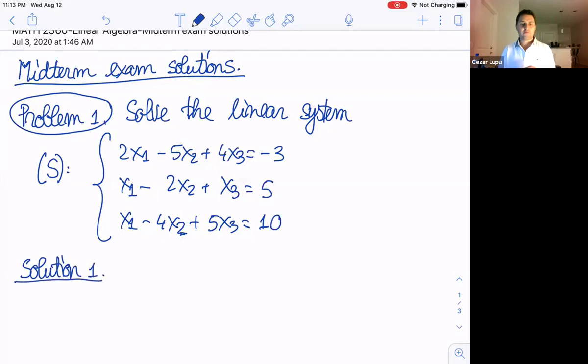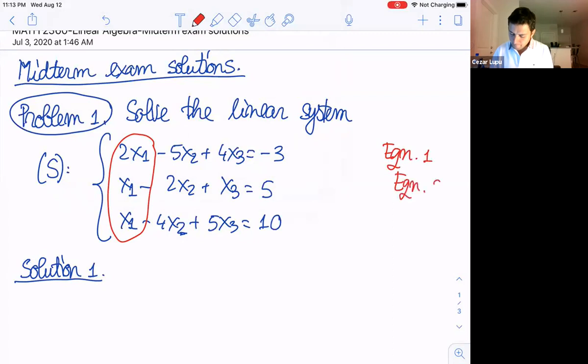And the first solution uses basically just elimination. We would like to eliminate one of the variables. Well, in this case, if you look, we would like to eliminate maybe x1. Let's denote this equation 1. We'll denote this equation 2.